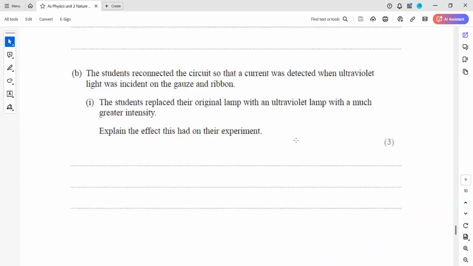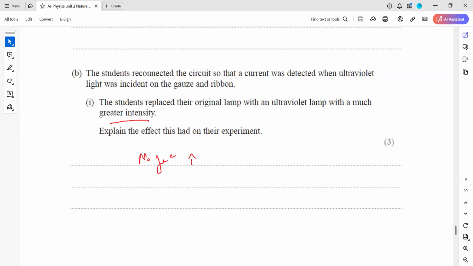Then the student reconnects the circuit, so the current was detected when ultraviolet light was incident on the gauze and ribbon. The student replaces the original lamp with an ultraviolet lamp of much greater intensity. If we increase the intensity, there will be more photoelectrons. The number of electrons will increase, but not their kinetic energy.